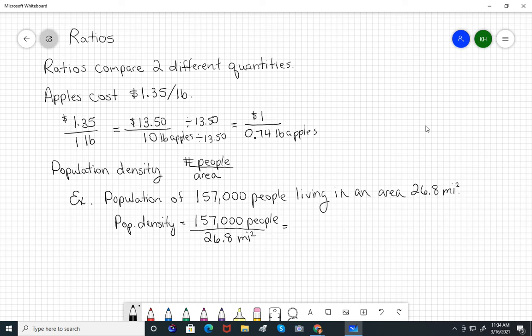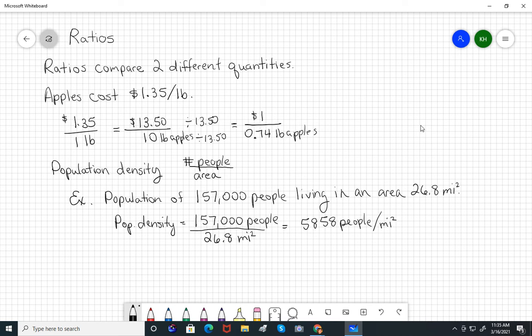It comes out to be pretty dense. That's 5,858 people. We're going to round it to the nearest whole number of people per square mile. That's all a population density is.